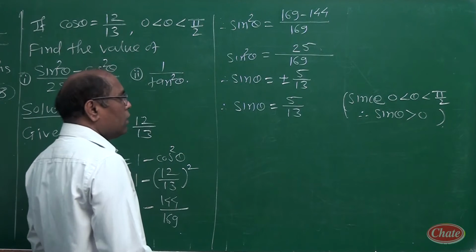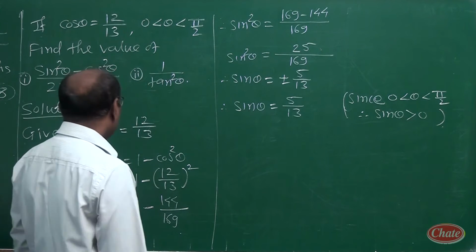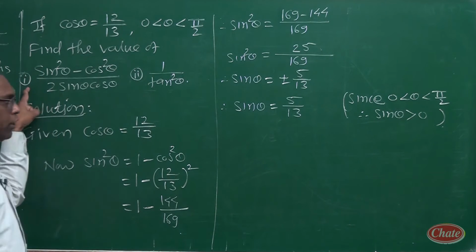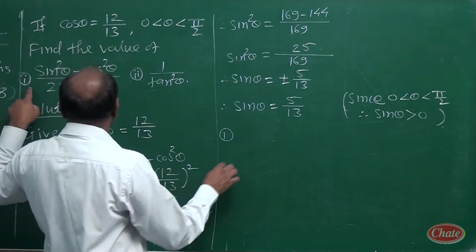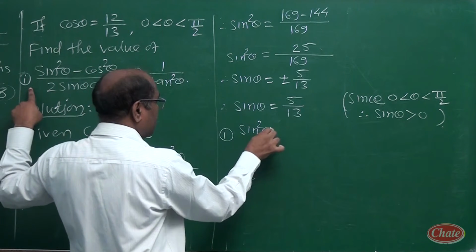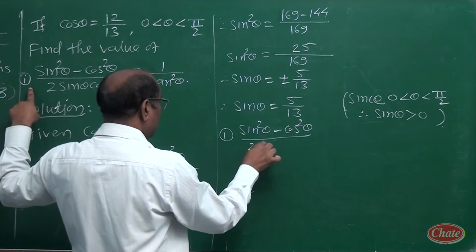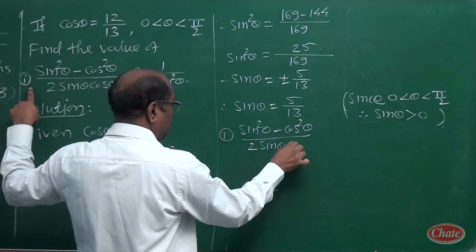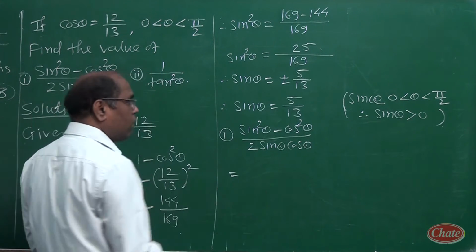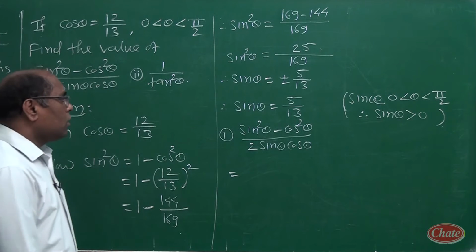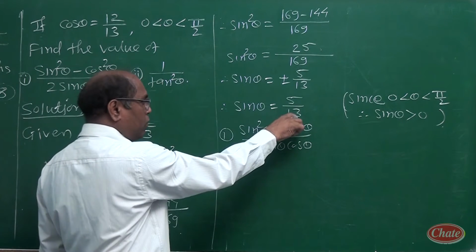Okay. Now we have to take the expression number 1 here. Sin square theta minus cos square theta divided by 2 sin theta into cos theta is equal to, now put the values. What is sin theta? 5 upon 13.